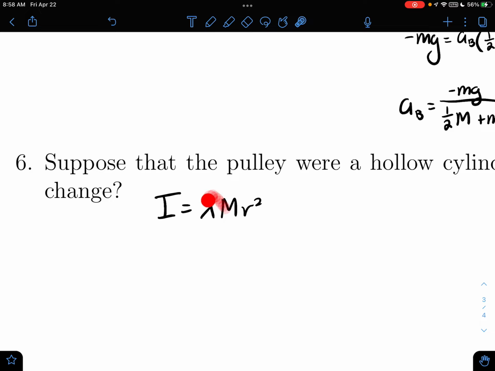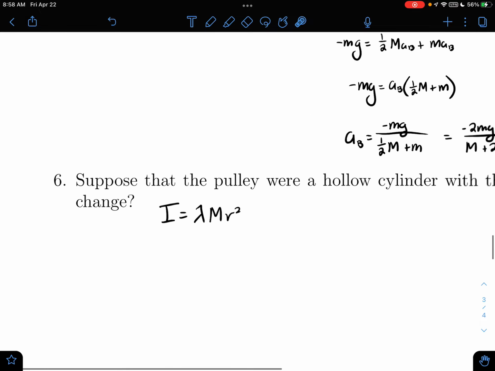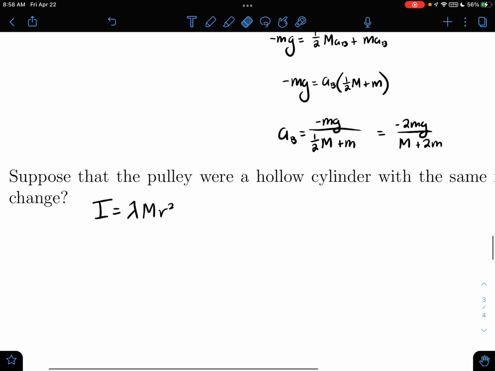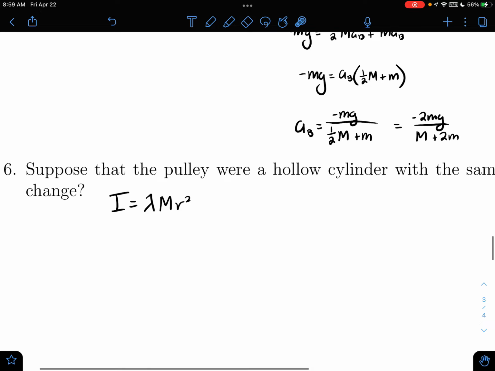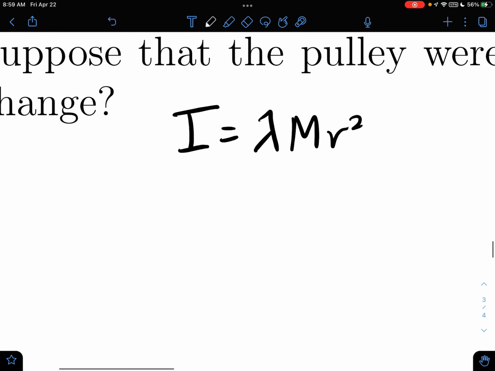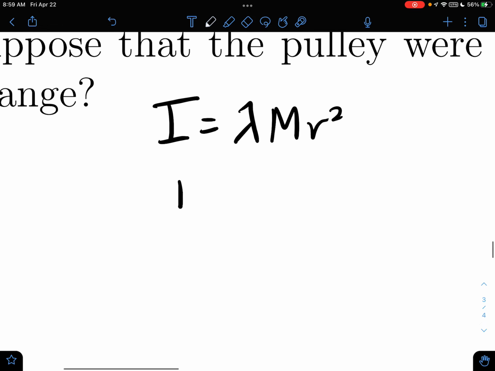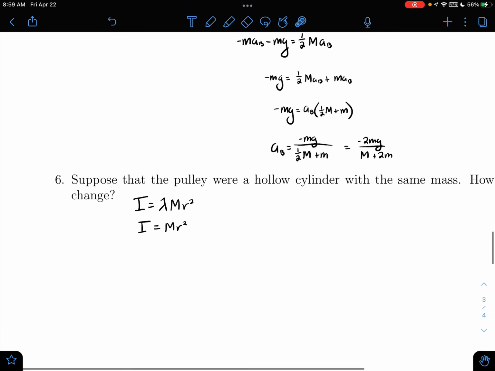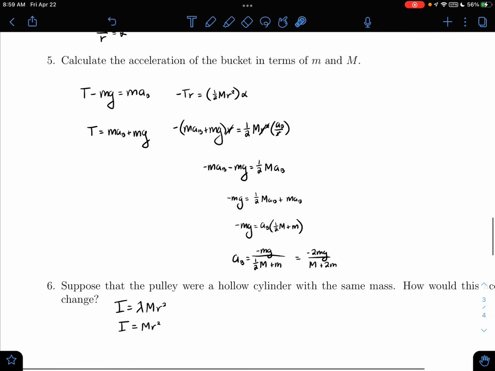And this lambda is different for different shapes. For a hollow cylinder, that lambda is 1. So now we just get to say that I equals m r squared. But really, if I carried it all the way through, we'd get to see that.